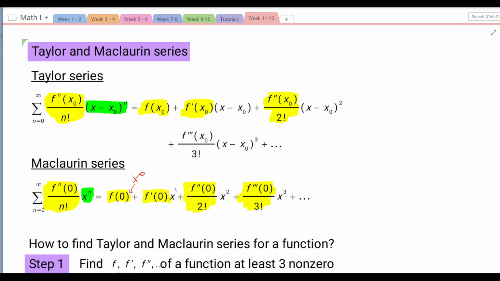So maybe we should write down here, yellow is the coefficient of x, and then green is the series.